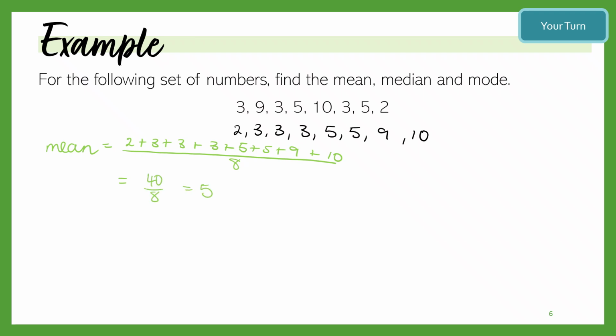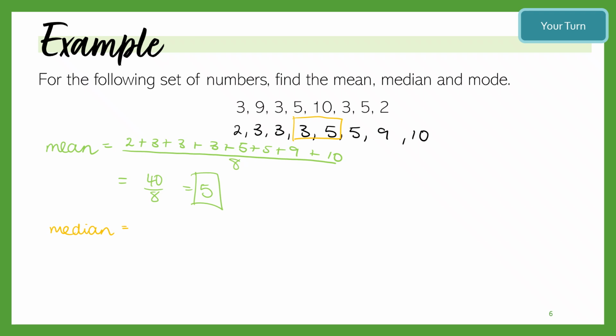So in this case, we do end up with our mean also being in our data set. Now for median, I'm going to go looking for my middle number. Now in this case, I actually have 2 middle numbers that split this nicely in half, right? Because if I were to just take out that 5, I have 3 numbers on the right and 4 on the left.